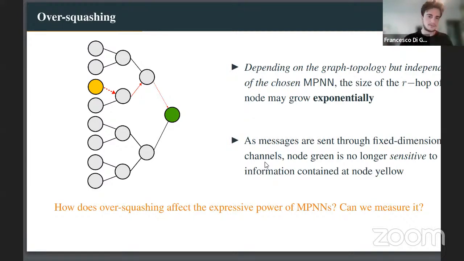Think of, for example, the case of a tree as a graph.